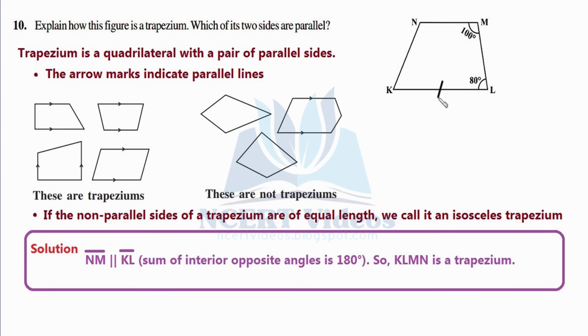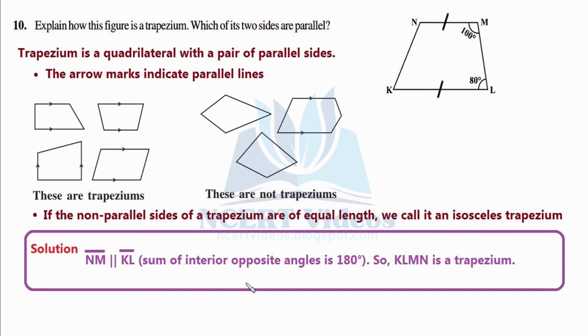Therefore, line segment NM is parallel to KL because the sum of interior opposite angles is 180 degrees. Therefore, we can write KLMN is a trapezium.